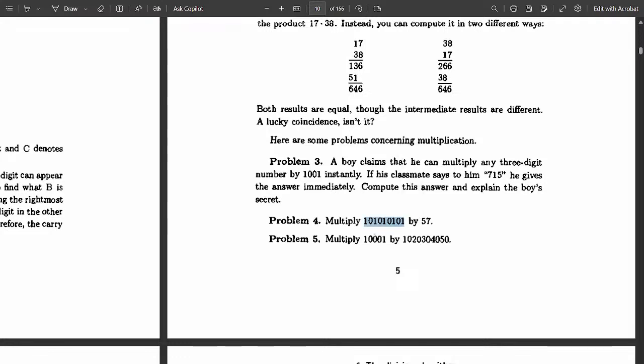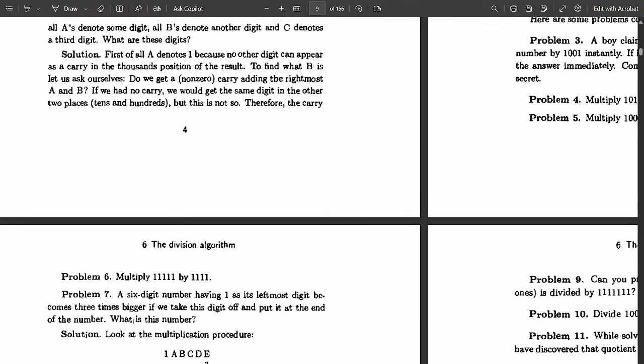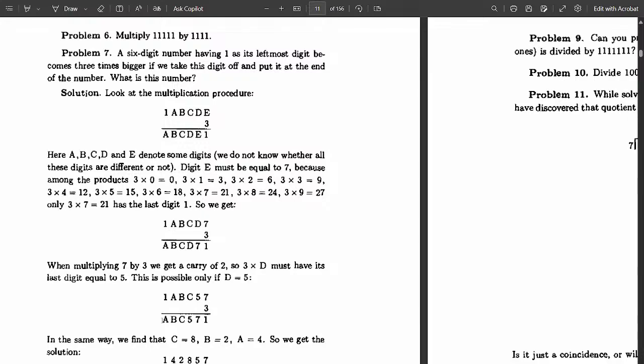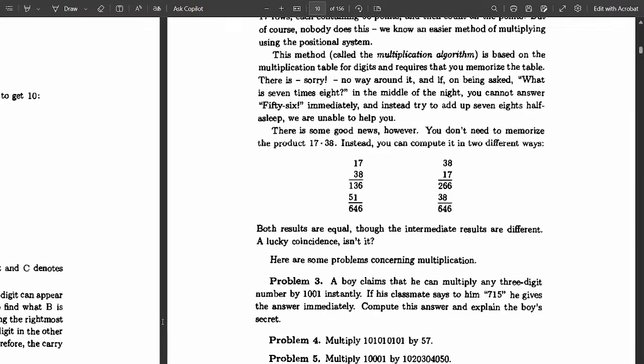There is a pattern here, and also here. We got a lot of problems here. They did say that they are going to give solutions of problems which will be used further also.